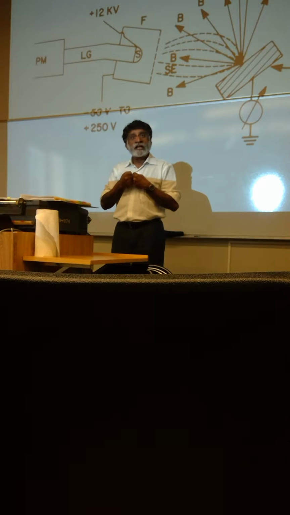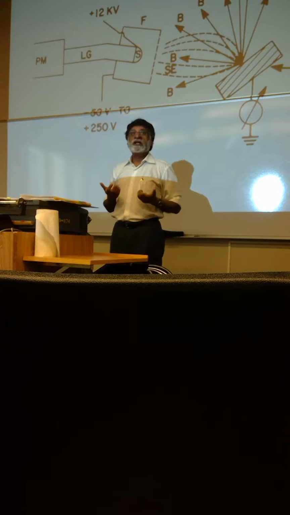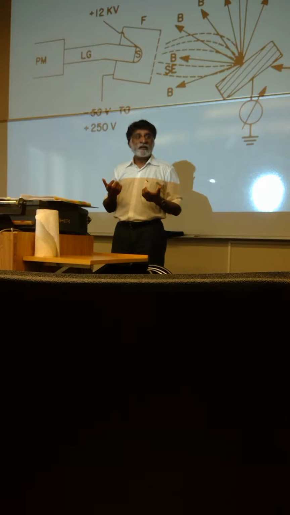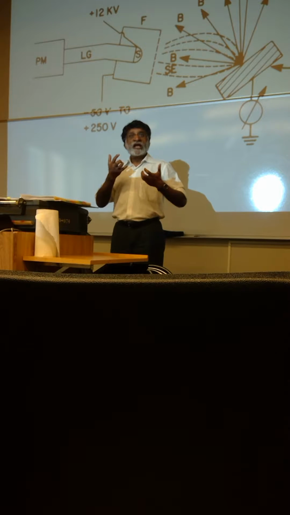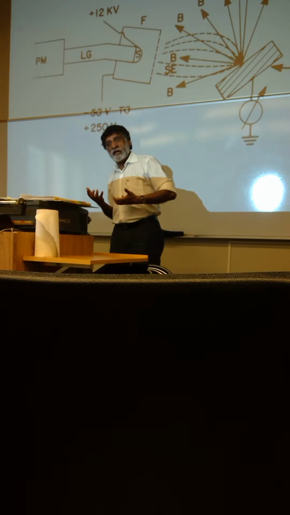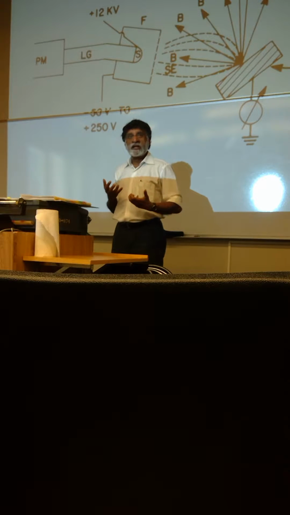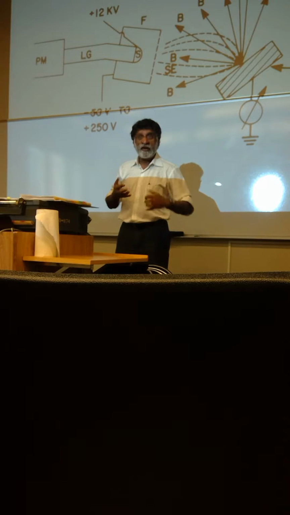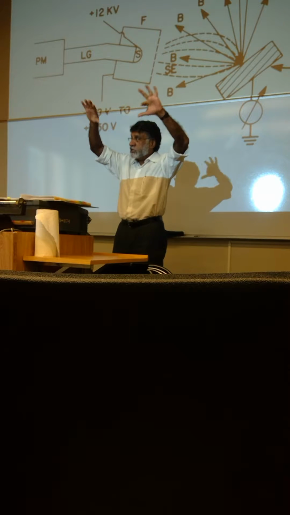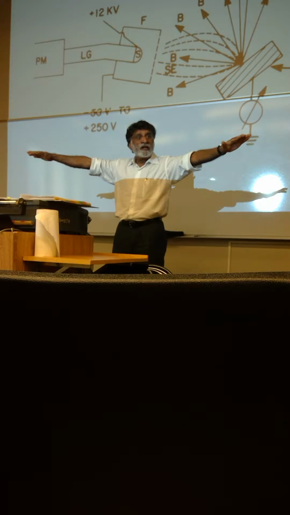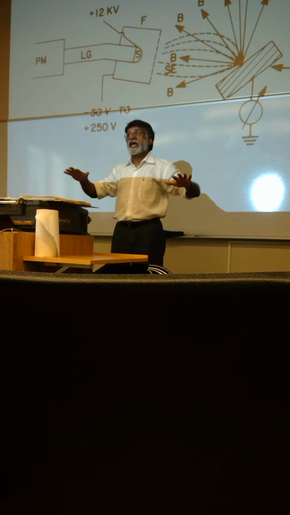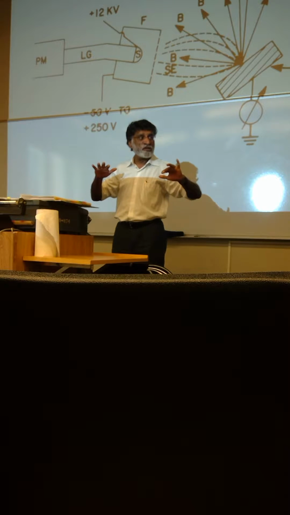The backscattering, we will see the variation, but you can imagine that it really depends on the atomic number, and so there is the contrast that you see. Part of the contrast comes from the topography of the surface. That's typically what you see using the secondary electrons.